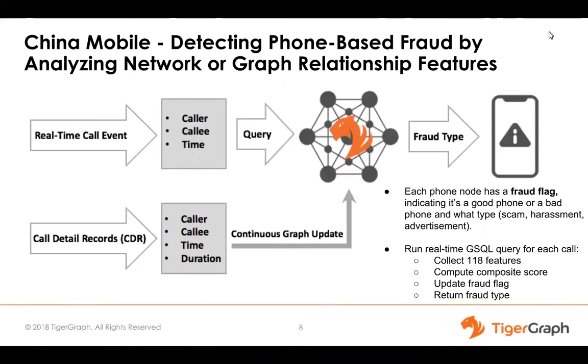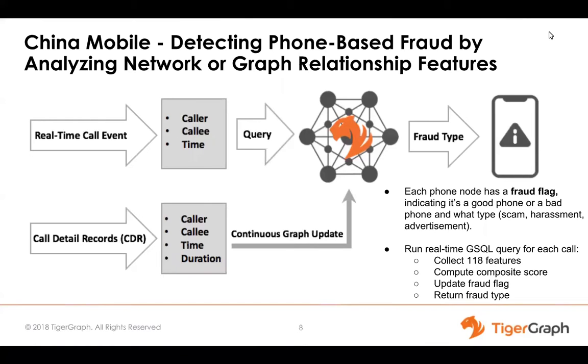So that information goes into our graph. Again, we extract the 118 features, and for each feature you get some score or some small output. Those go into a combining model, which takes a look at all the features and comes up with an overall assessment: is this likely to be fraud or not?